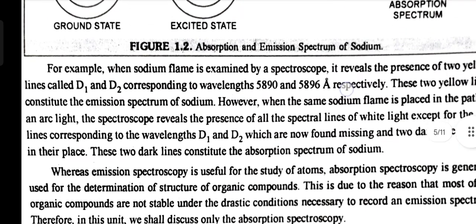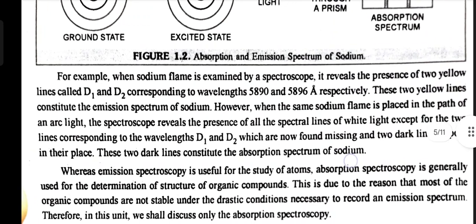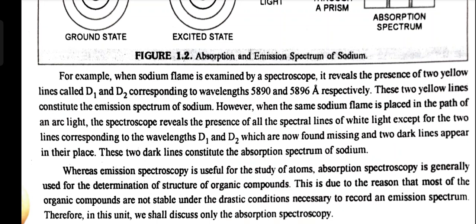For example, when a sodium flame is examined by a spectroscope, it reveals the presence of two yellow lines called D1 and D2, corresponding to wavelengths 5890 and 5896 angstrom respectively. These two yellow lines constitute the emission spectrum of sodium.